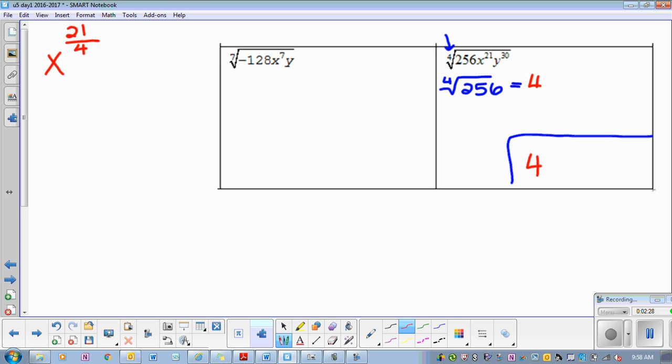So you have a couple of options here. You can draw out 21 x's, which you can do on the SOLs because you have all day to take them. But since we're in class right now and I don't want to draw out 21 x's, I'm going to show you another way.